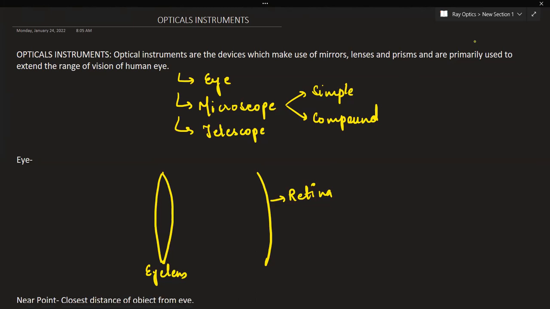So mainly you have three kinds of optical instruments. The human eye also acts as an optical instrument, the microscope acts as an optical instrument, and the telescope. The human eye you don't have to do. For the microscope you have both the cases: a simple microscope and a compound microscope.